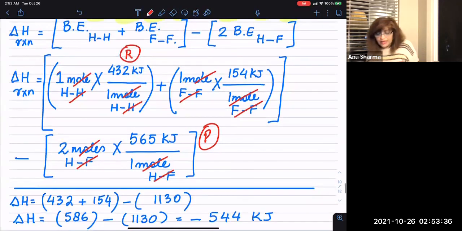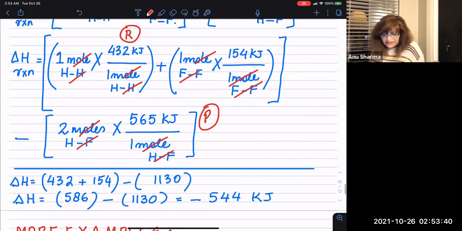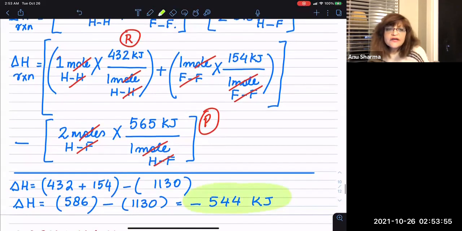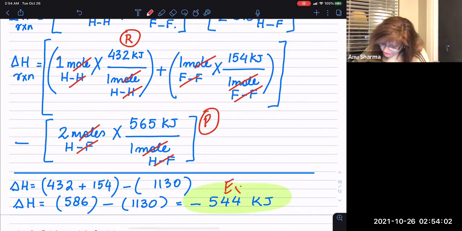When you do the math, you find that the delta H value is negative 544 kilojoules per mole. And what does this mean? That means that it is an exothermic reaction, and that is the total bond energies.